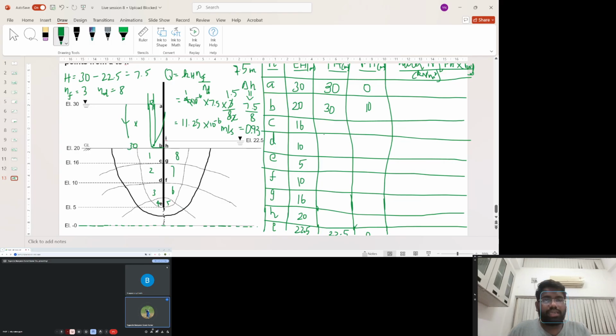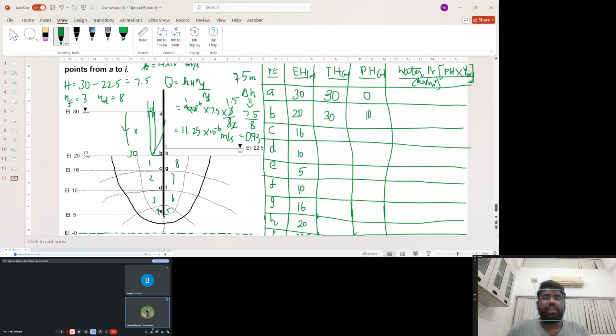Now it is fairly easy. We can directly calculate the total head here. This entire thing gives us the total head. At B, it is 30. Once it reaches C, the number of potential drops is 1, and hence it will be 30 minus 0.93, which gives us 29.07.